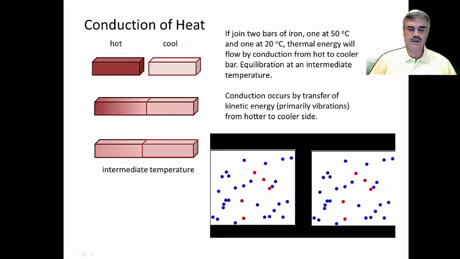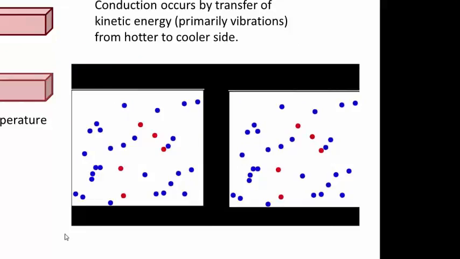And to show you a little more about how this works, the bottom right shows another graphic. This will apply to liquids or gases because the molecules in this simulation are actually free to move around, whereas in solids they're fixed in place and can only vibrate. But in liquids and gases, they can diffuse around.